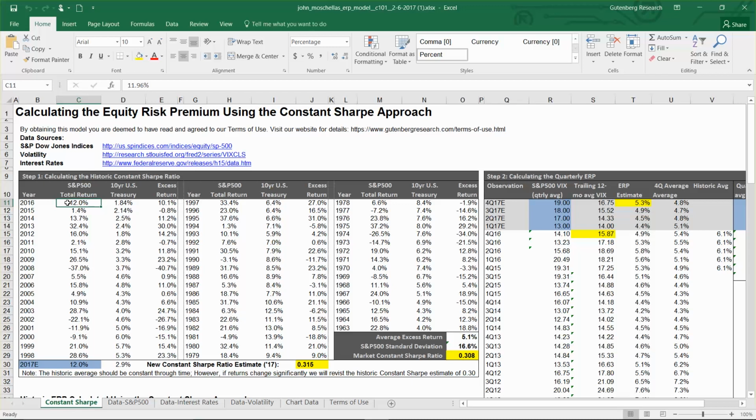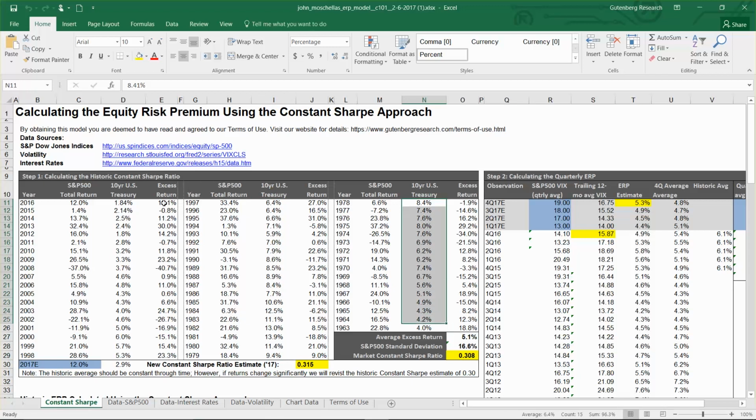So the first step in calculating the constant Sharpe is to calculate the constant Sharpe over time. So you can see what I have here is the actual total return for the S&P 500 going back to 1963, and the 10-year U.S. Treasury rate, so I'm using the 10-year as a proxy for the risk-free rate here.